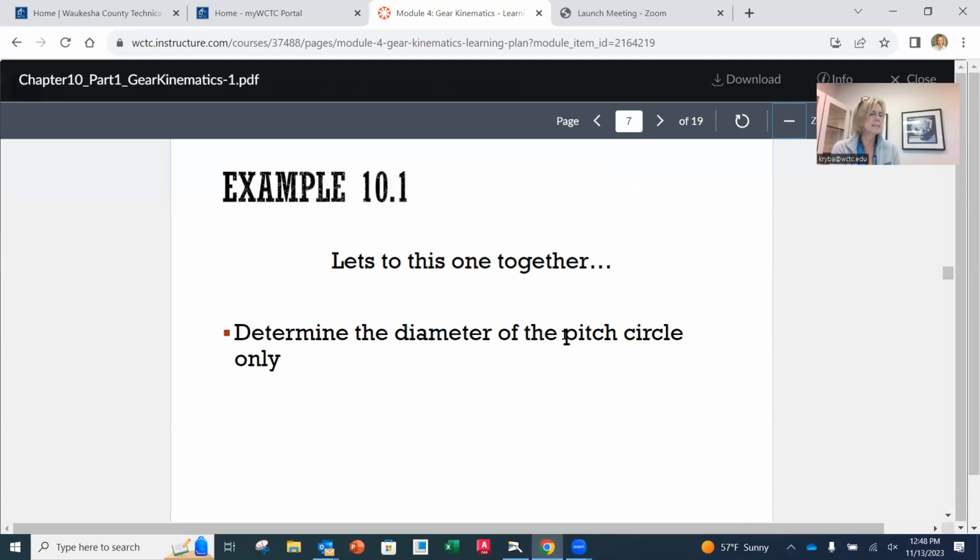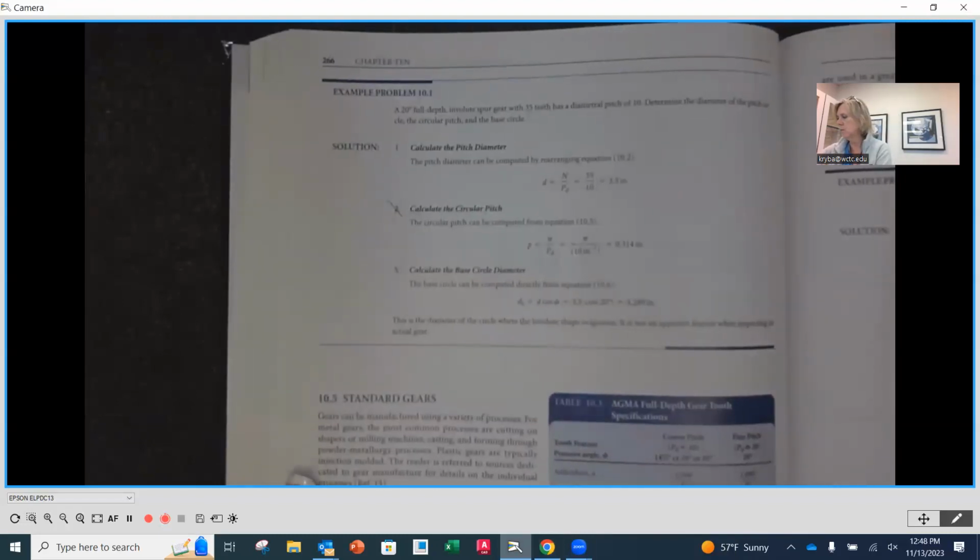Let's look at example 1 and go through the process together to get familiar with the relationship between diametral pitch, number of teeth, and pitch diameter. On the top of page 266, we're looking at problem 10.1.